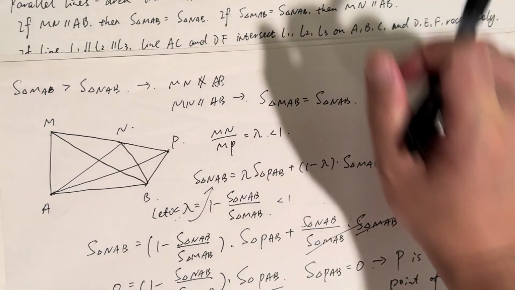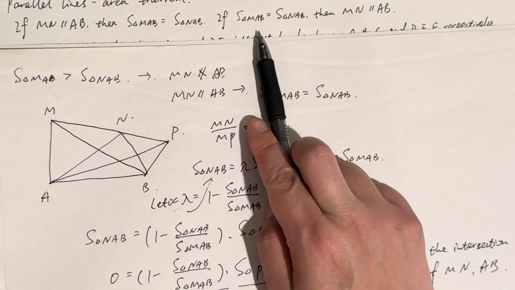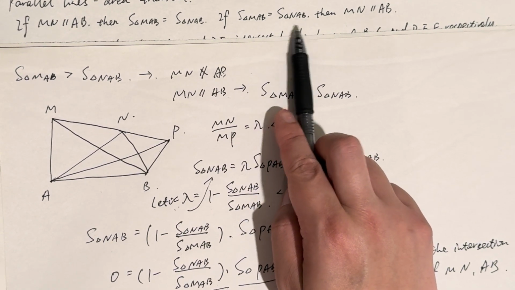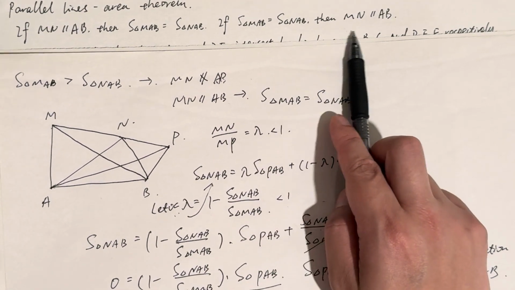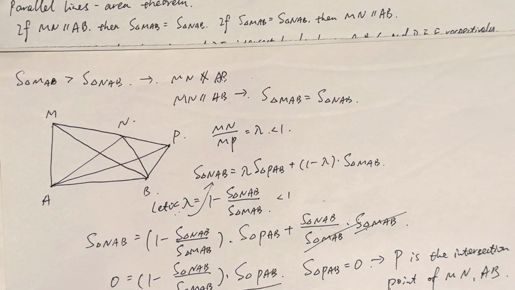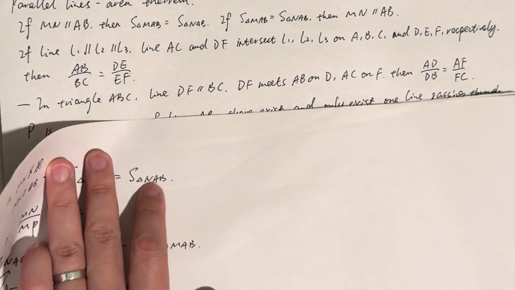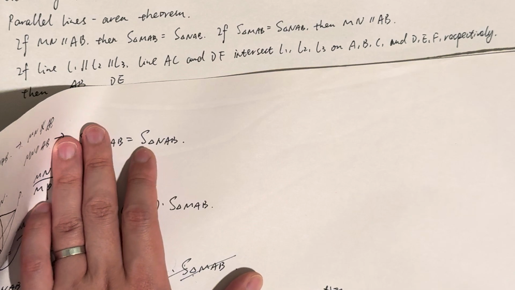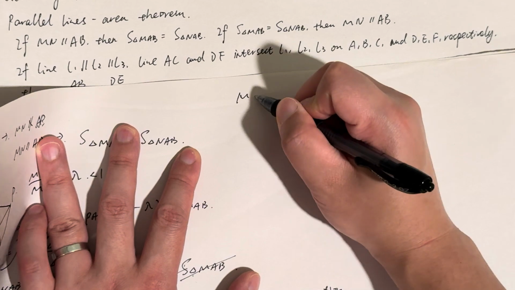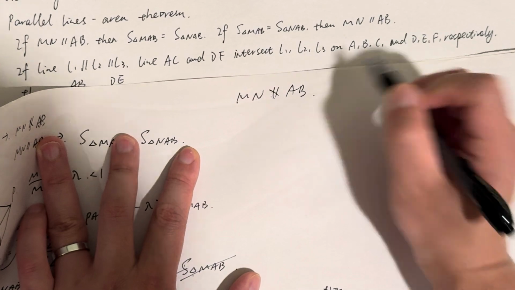Okay? So for the second half, we see here if the area of triangle MAB equals the area of triangle NAB, then MN is parallel with AB. We can use a similar method, where we assume MN isn't parallel with AB, right?